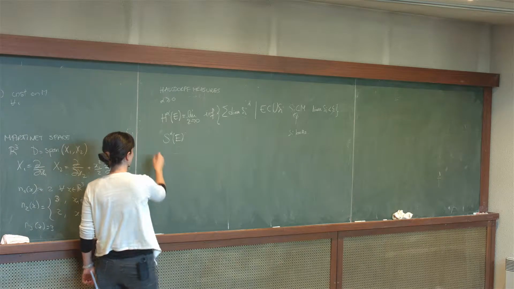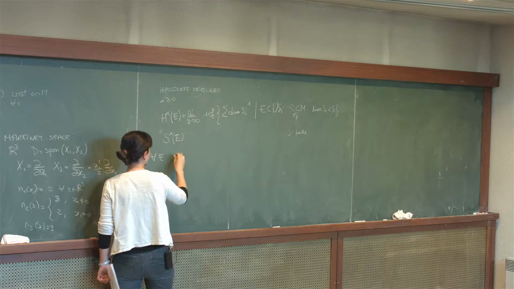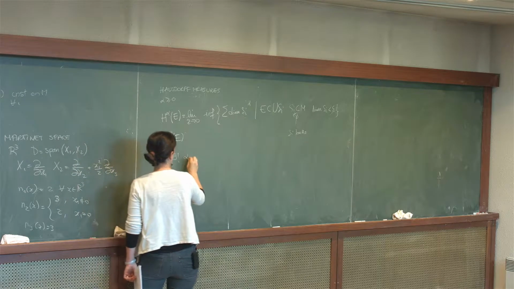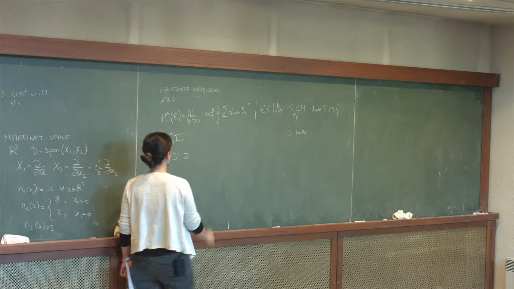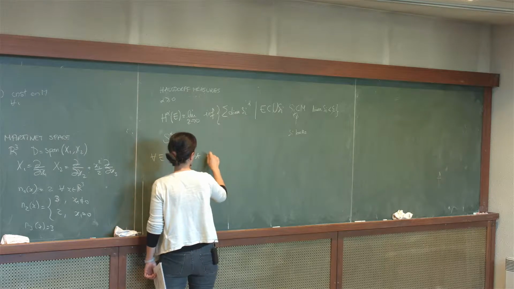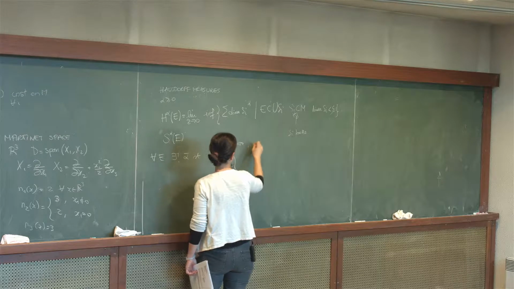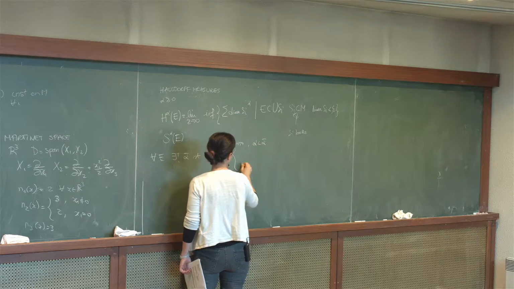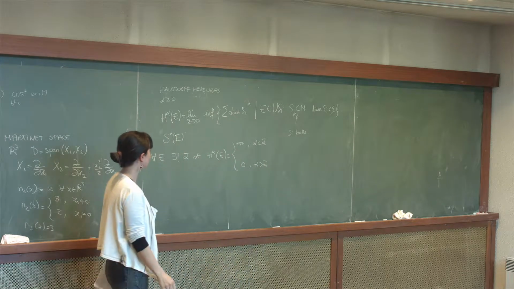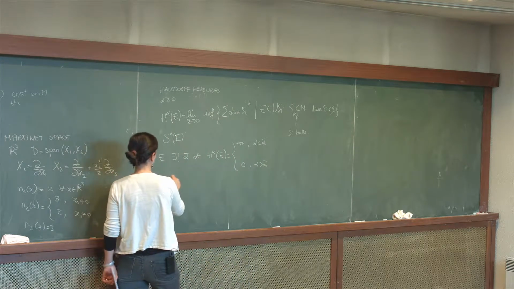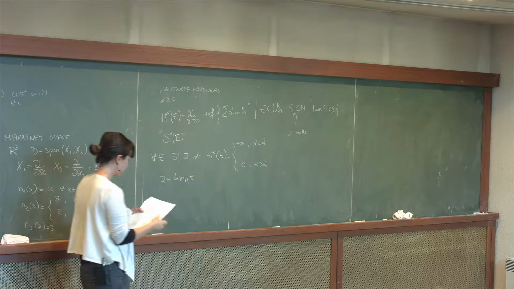And for every set E, there is a notion of Hausdorff dimension: there exists a limit value alpha bar such that H^alpha(E) is plus infinity before alpha bar and 0 afterwards. At alpha bar, everything can happen. And alpha bar is called the Hausdorff dimension of E. This is just by construction of the Hausdorff measures.